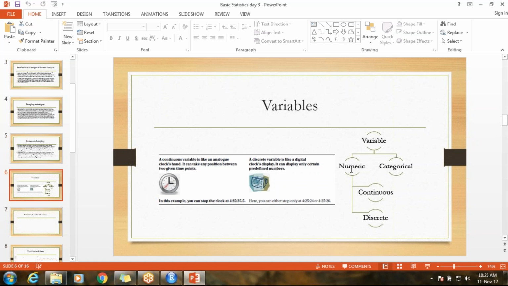And numeric can also be of the type discrete and continuous. This is just like a digital or an analog functioning. My clock is an example of a continuous variable which can show me time at each and every instant, but a digital clock will only show me time at a discrete level.